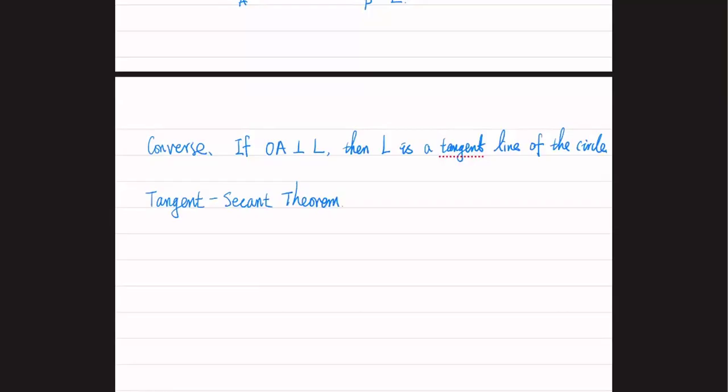Are you here, Peter? What about Fred? Can you hear us, Fred? I can. Okay, let's turn on the camera. Okay, Fred, could you recall what this theorem says? The tangent secant theorem.